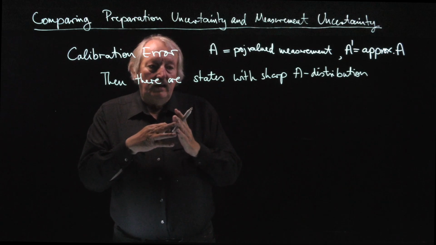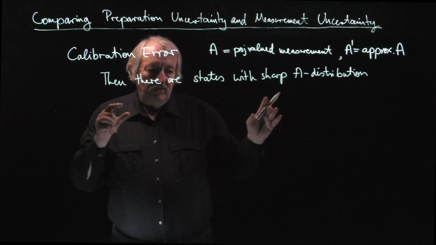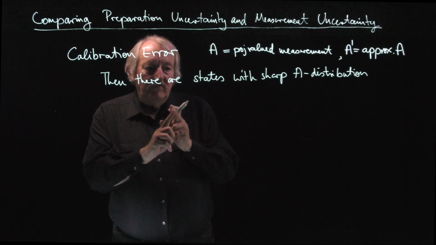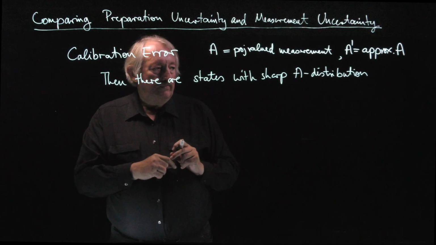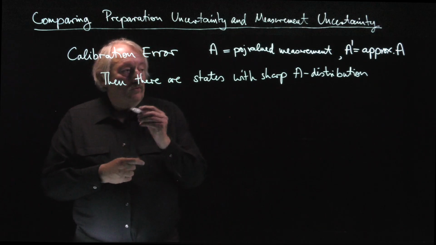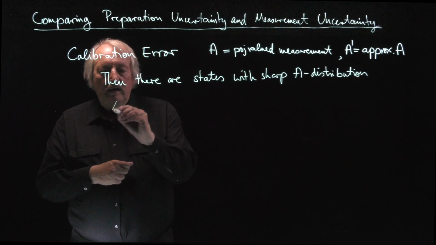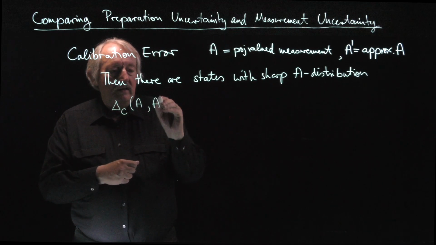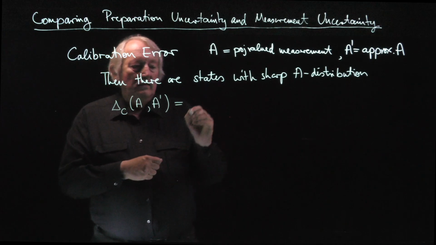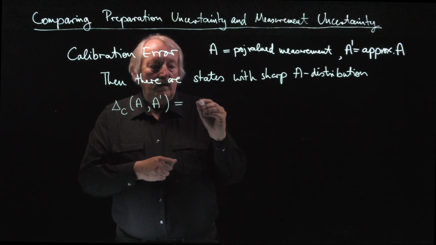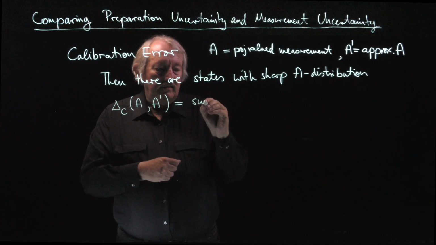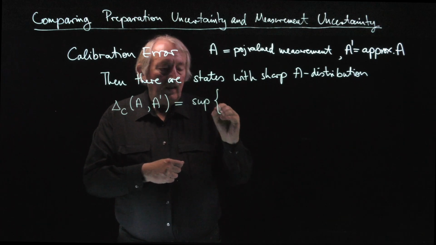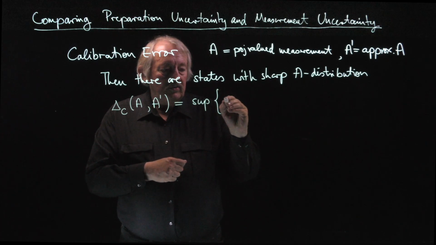And so then I can look at the deviation of that distribution from the value I know it should have. So actually we can do something like this. The calibration distance between A and A prime is this largest distance I get of the output distribution.